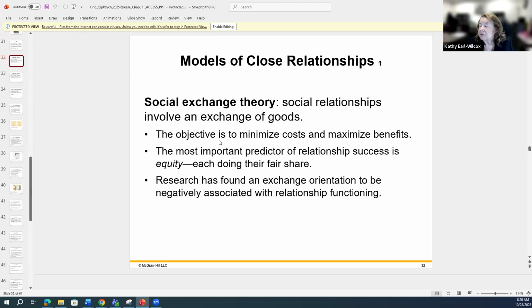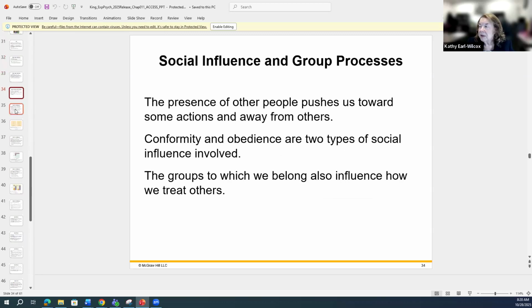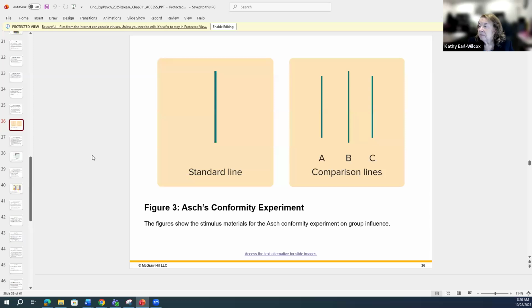The objective is to minimize costs and maximize benefits. Equity: having a friend where things are pretty equitable helps. There are different models that we explore with this area.